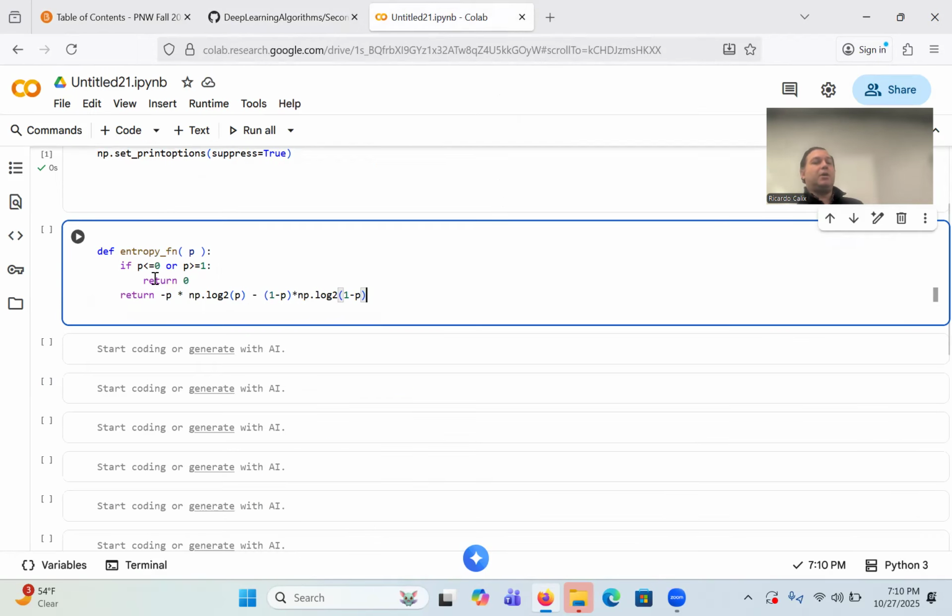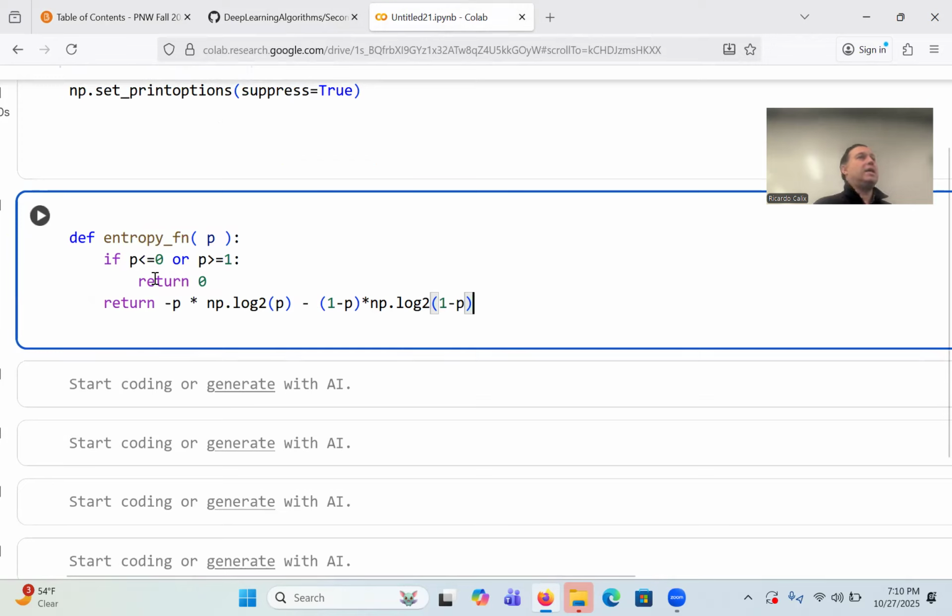Notice the function is entropy Fn. It assumes binary, so you really just need one probability. Because if I have the probability of head on a fair coin, then I know 1 minus that probability is the probability of the other side of the coin. Do you guys see that? That's essentially how it works. Notice also that the probabilities only go between 0 and 1.